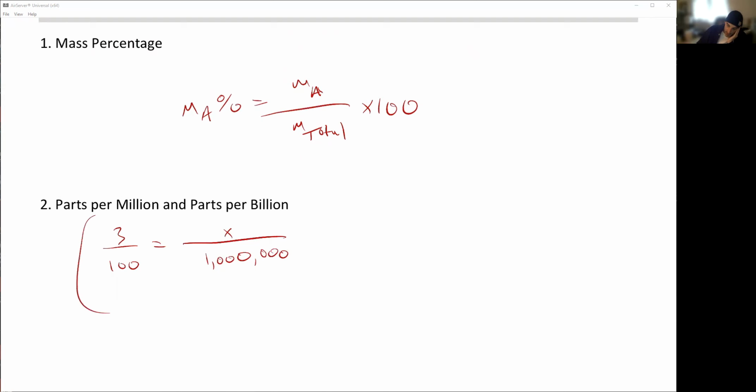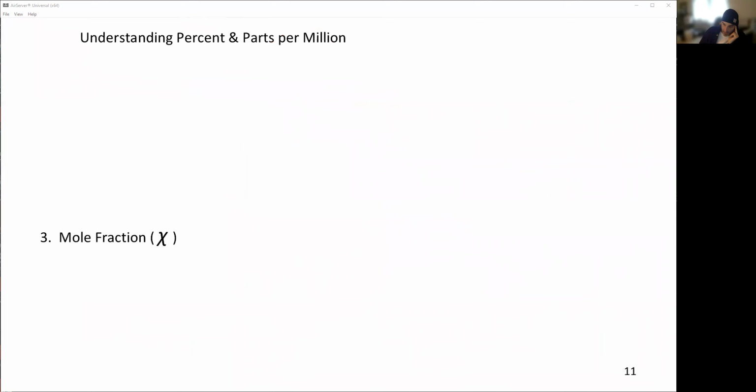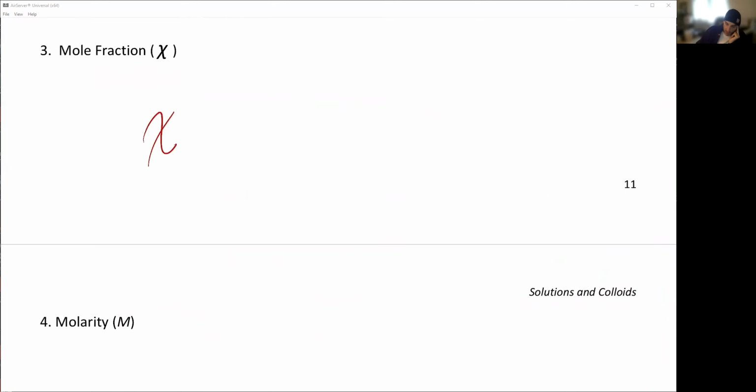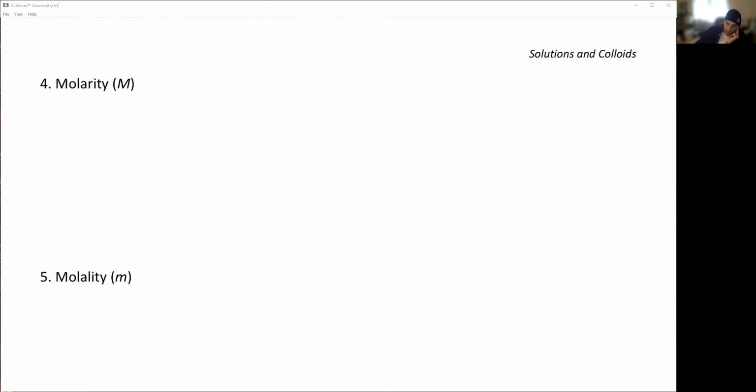Parts per million is in milligrams per liter. Parts per billion is in micrograms per liter. That's typical. And then mole fraction, we're going to use a decent amount. So mole fraction of A is moles of substance A over total moles. Not times 100, the number should be between 0 and 1.